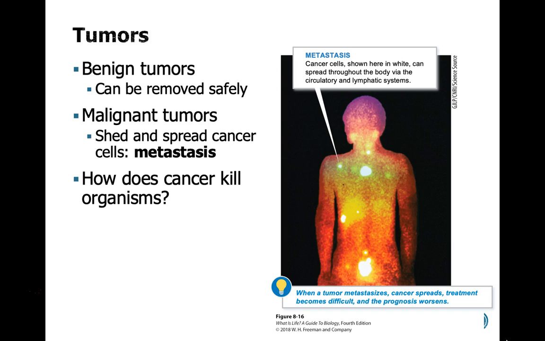If the tumors are putting pressure on other tissues so that those tissues can't function, and the tissue they're growing in can't function, all of these things put together are what makes cancer so deadly.